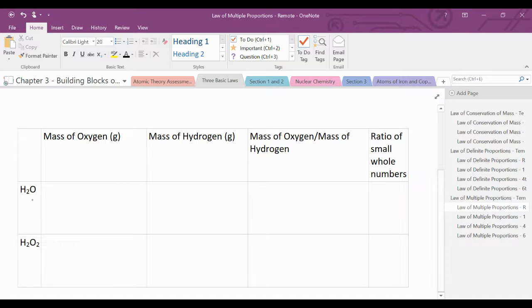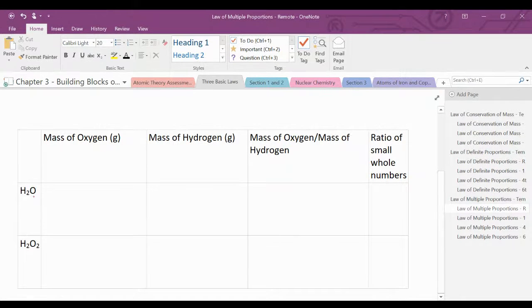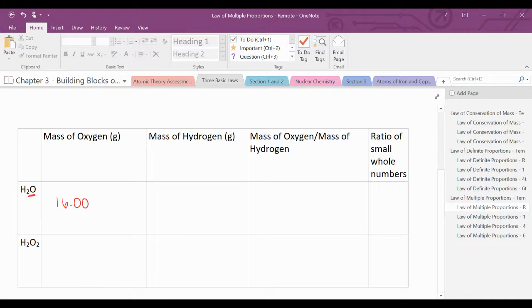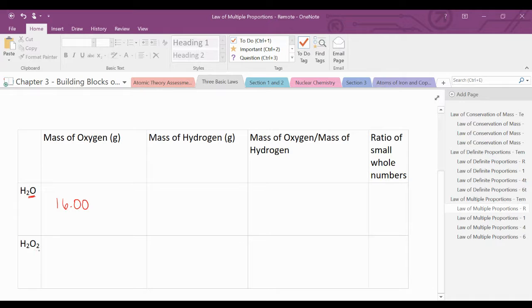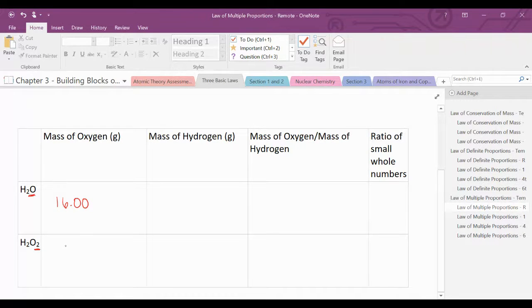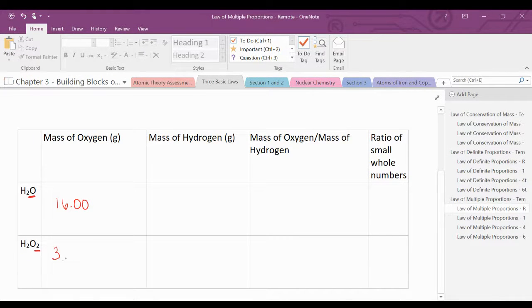And so in my first compound, which is water, there's just one of these guys. So in other words, the mass of this from the periodic table is going to be 16. When I look at hydrogen peroxide, which is H2O2, there's a 2 here. So we're going to have to multiply 2 times that 16 to get 32.